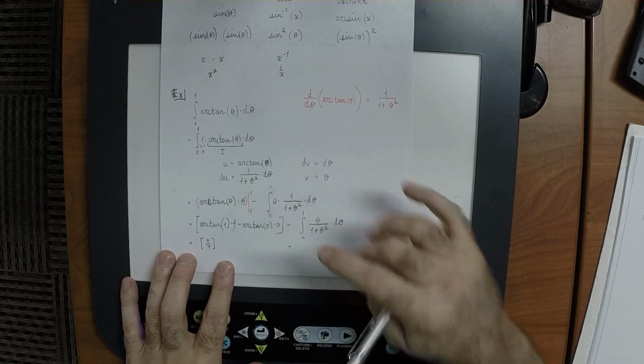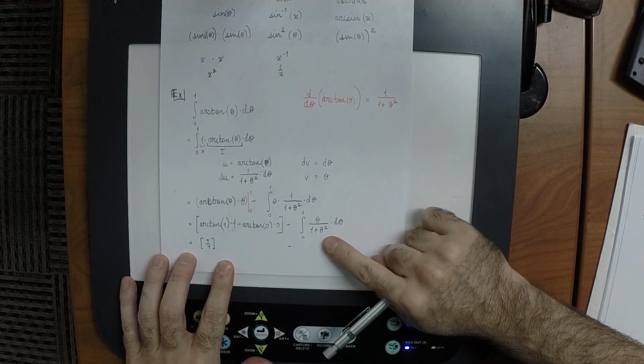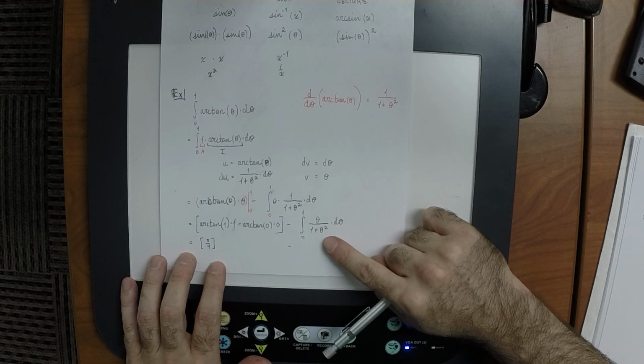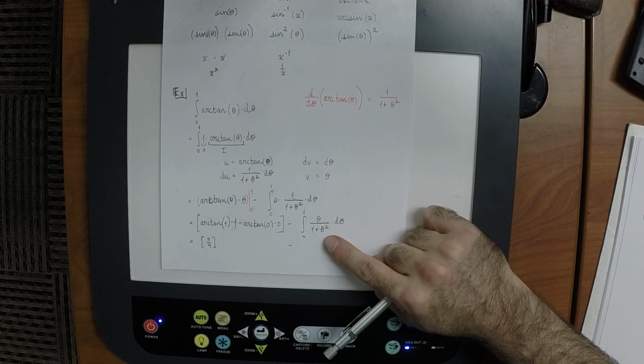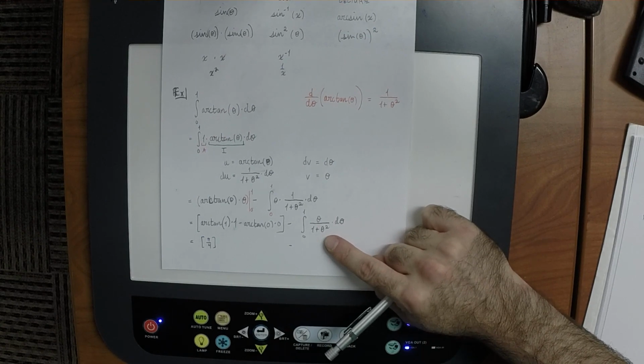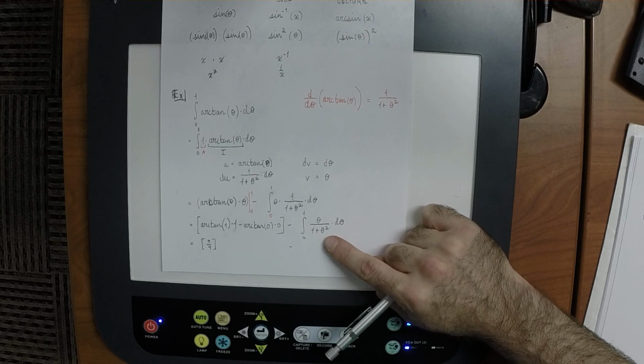Okay, then subtract. Now, how do we do this? Actually, you might be able to do it by parts, I'm not sure, but there's a better way to go. You could do it by parts, but there's a better game in town than that.